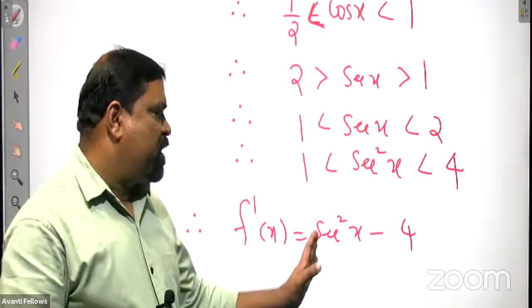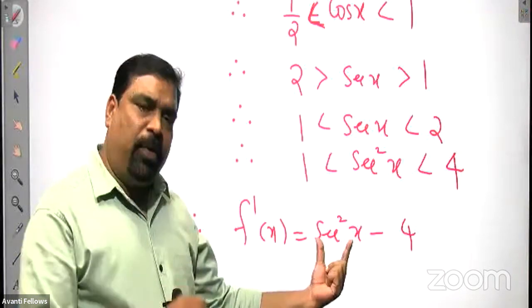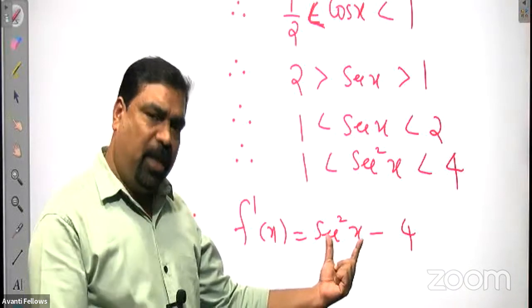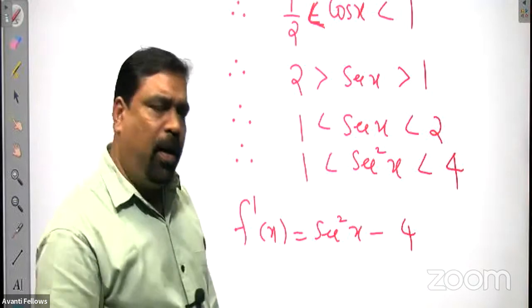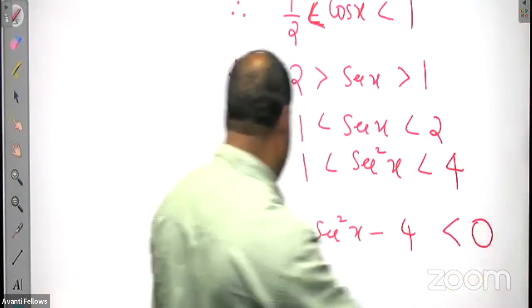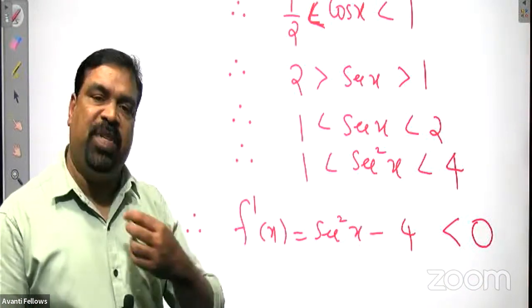So what about sec square x minus 4? Sec square x, the value is less than 4, for example maybe 3.9 or 3.5, like that, less than 4. So the difference must be negative or positive? Very clearly, it must be negative only. That means f dash x is strictly less than 0.